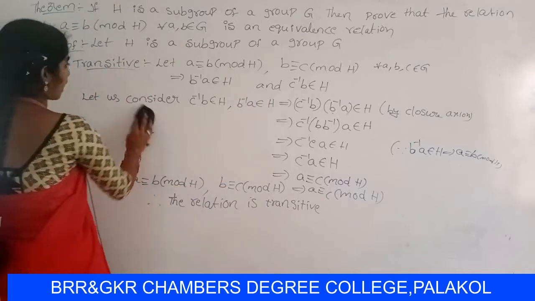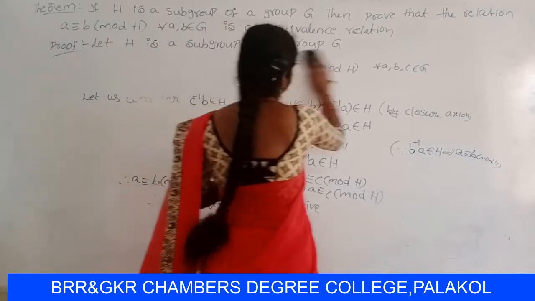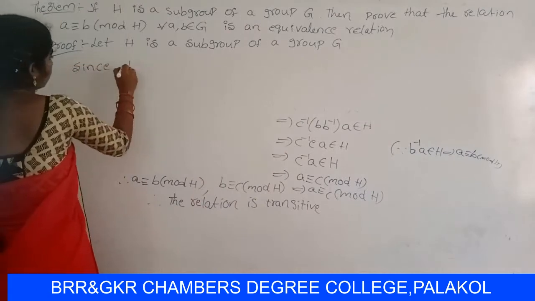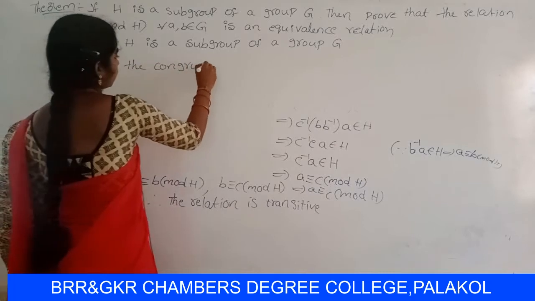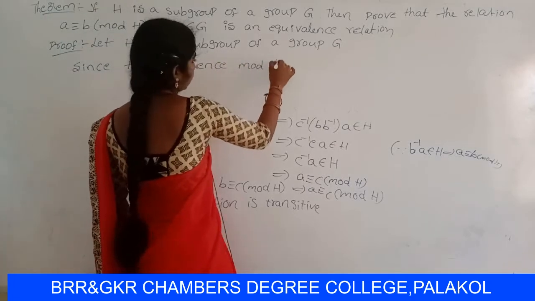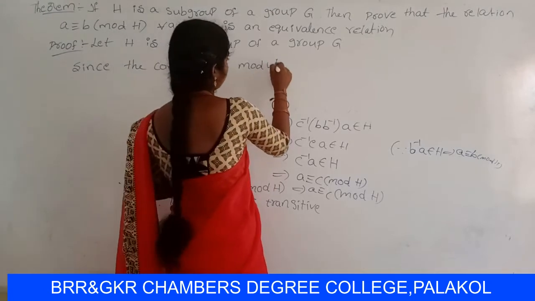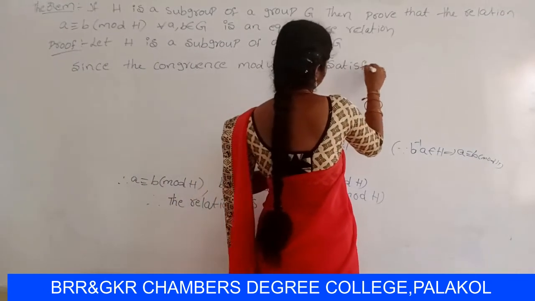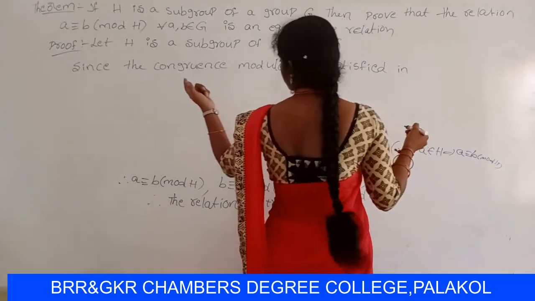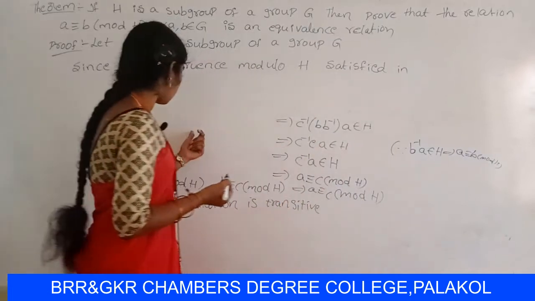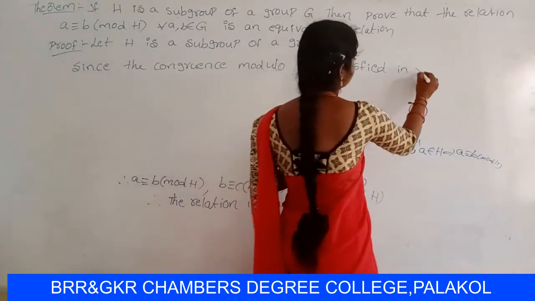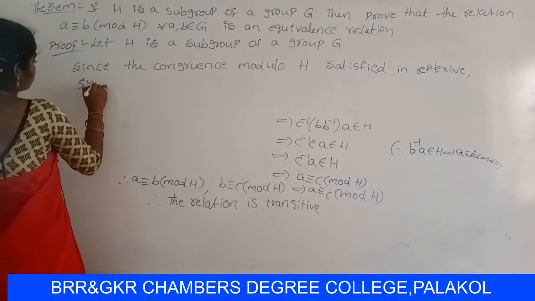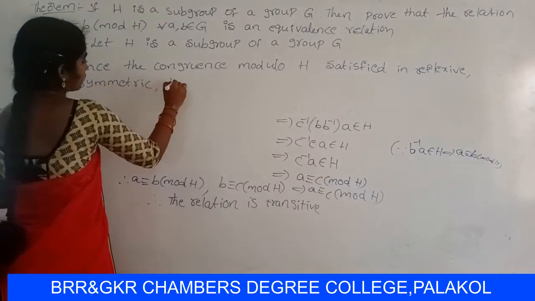So three properties are satisfied. The congruence modulo H satisfies the first one, reflexive, then symmetric, and the last one is transitive.